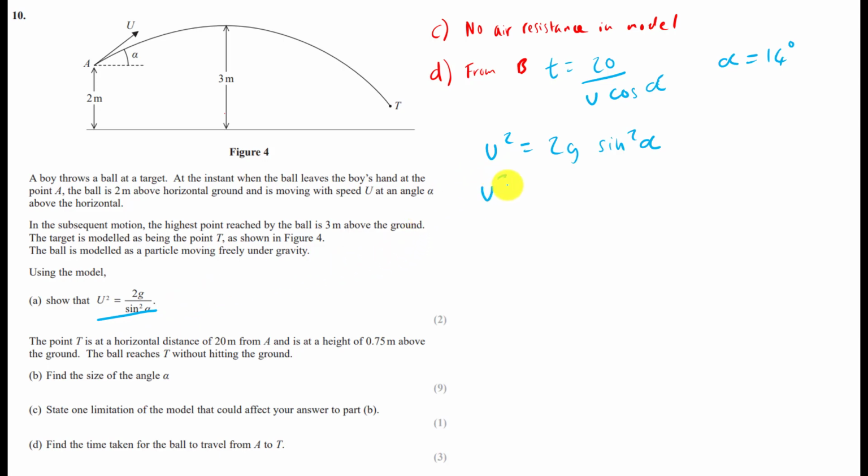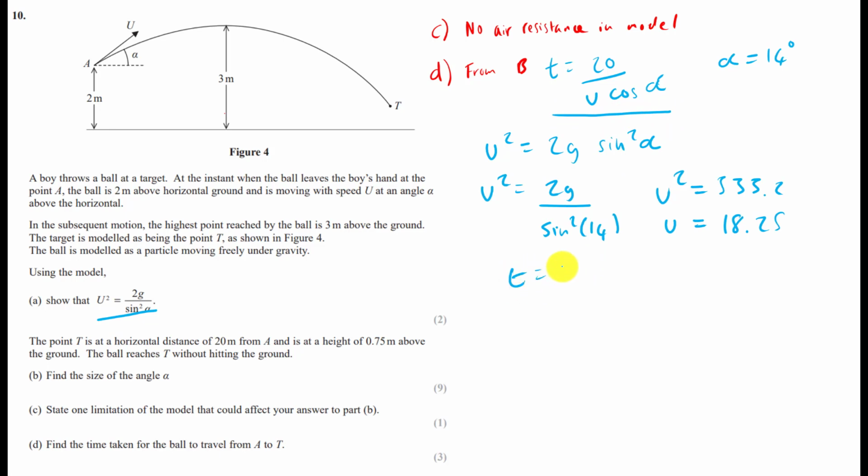We've got U squared equals 2G over sine squared 14. So we get U squared equals 3.2. We get a value of U equals 18.25. So once we know what U is, and we've got this from part B, we just substitute that in.